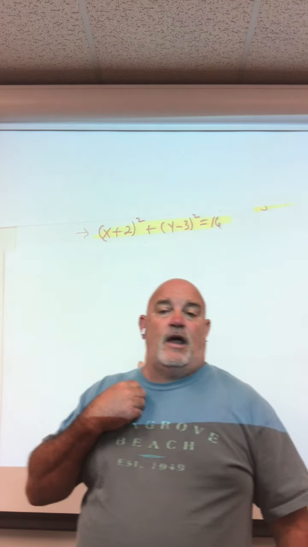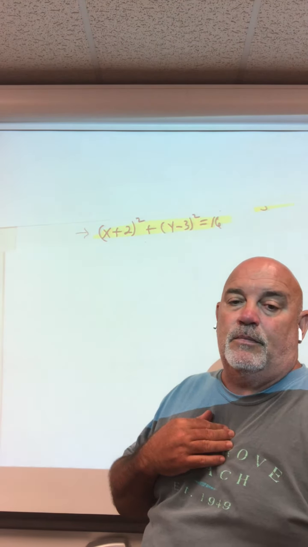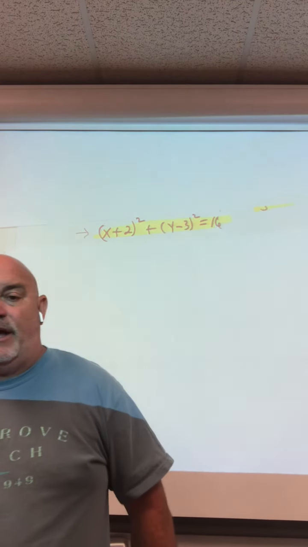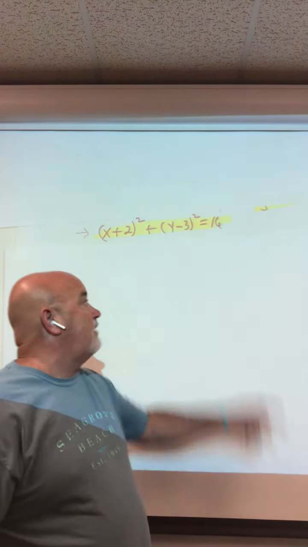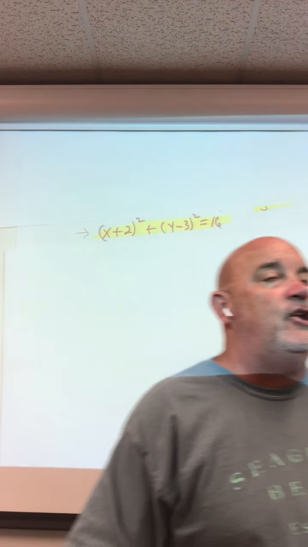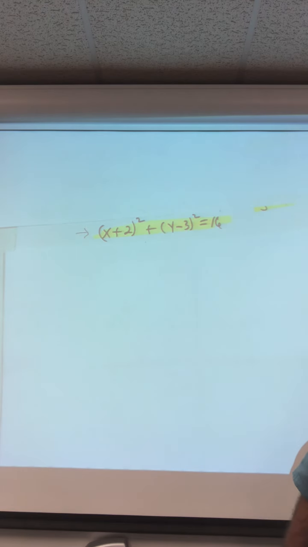Obviously, we're not going to be able to find all of those, but we're still going to graph this problem. Why do we want to graph it? Because when you graph it, you are showing a visual picture of all of the answers to that problem. So, in essence, when you graph, you are solving the problem.